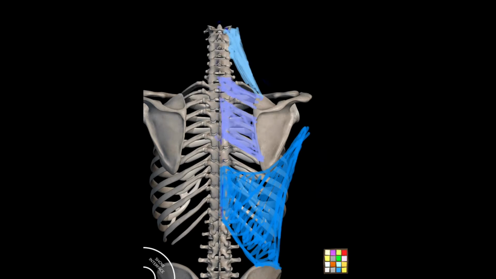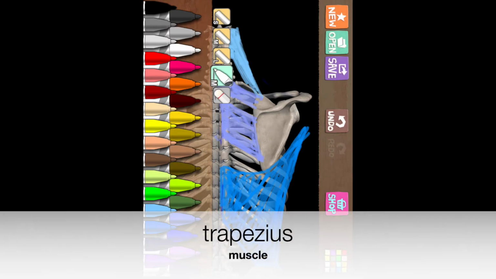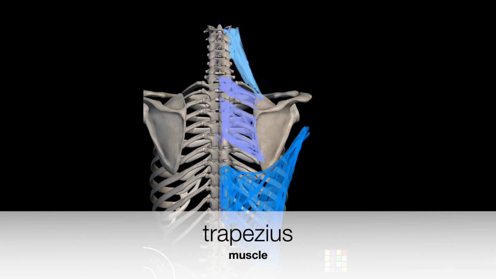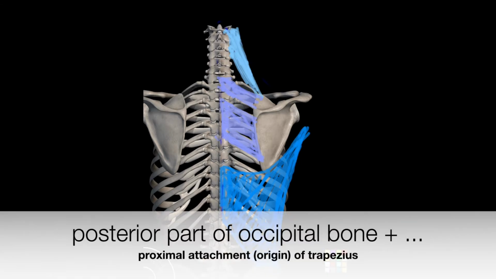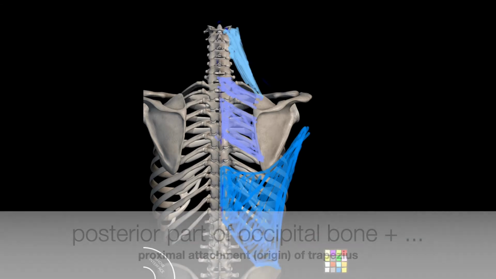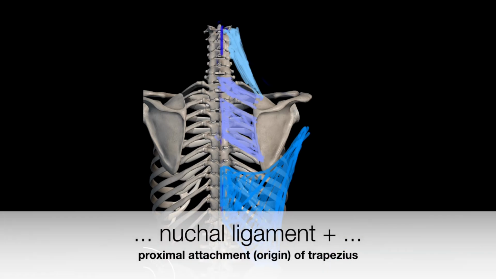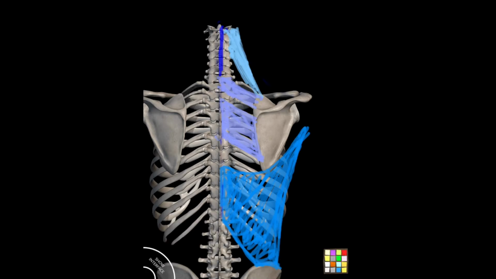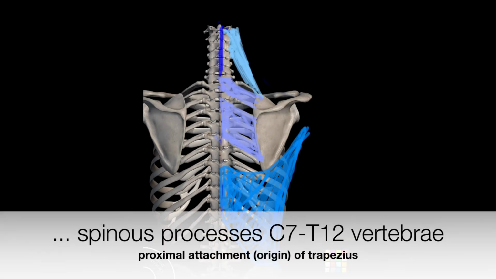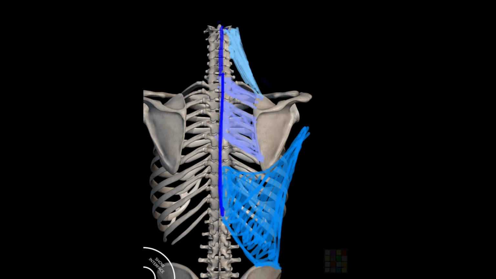Finally, we have the most superficial muscle, again another very large muscle, which is the trapezius. Its origin is from the occipital bone, not shown here. There's a bit of poor planning in this video. The nuchal ligament, which is a ligament that arises from the spinous processes of the cervical vertebrae, then from the C7 vertebra all the way down to the T12 vertebra spinous processes, so in the midline.